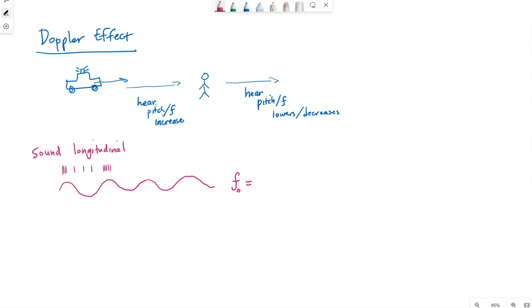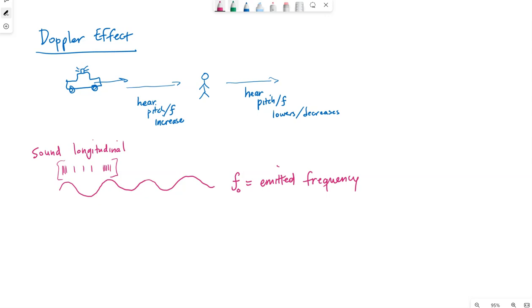This is the emitted frequency. We're assuming it to be the same, that it's not a changing frequency in terms of time. Okay, this frequency that is emitted, it's representing these compressions and rarefactions in the air, which represents the sound wave.